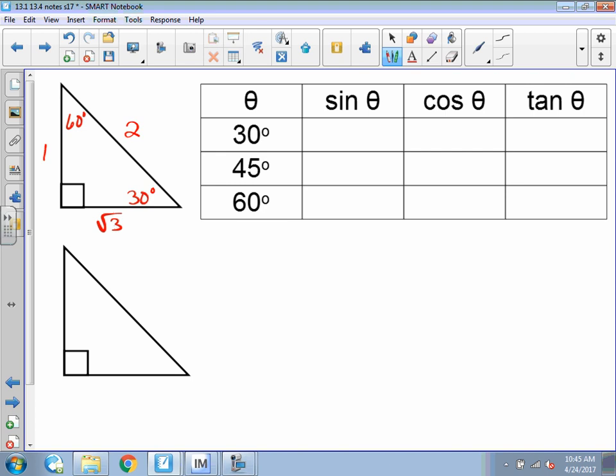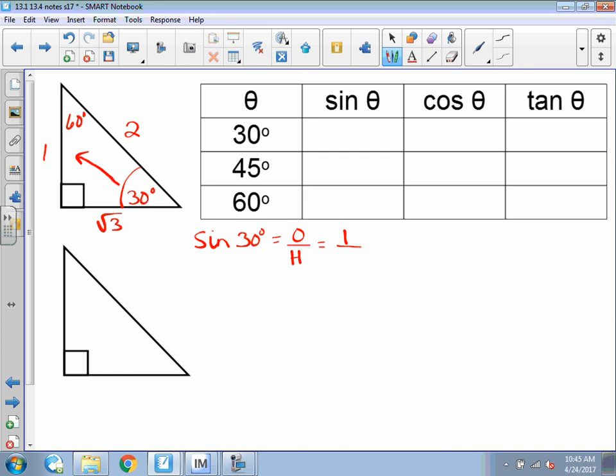So, sine of 30 degrees is, again, what's sine? What over what? Opposite over hypotenuse. So here's our angle we're talking about. What's opposite? 1.